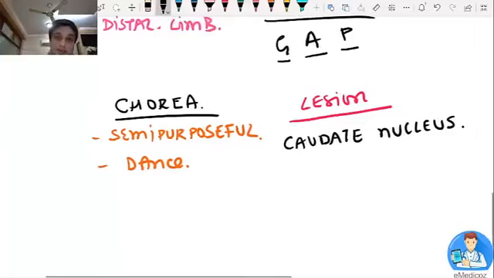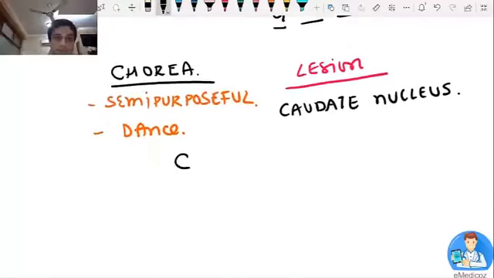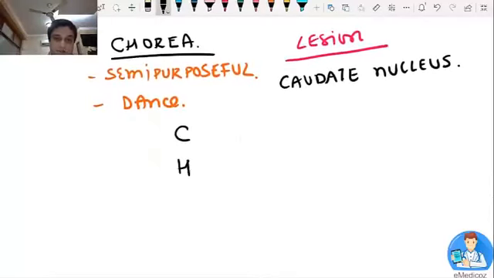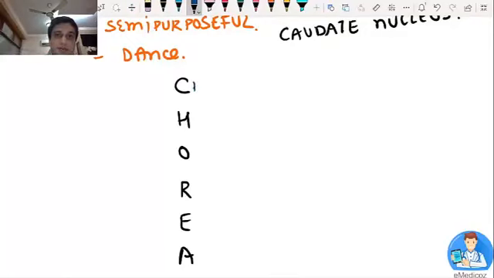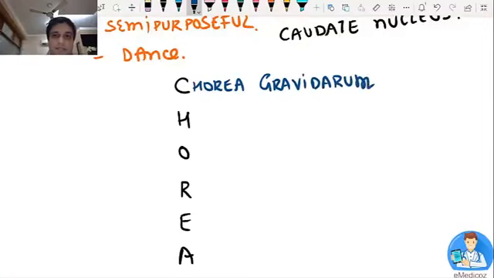Chorea occurs due to various reasons and causes. The causes of chorea, if you look at them, spell out CHOREA. C stands for chorea gravidarum. H stands for Huntington's chorea.